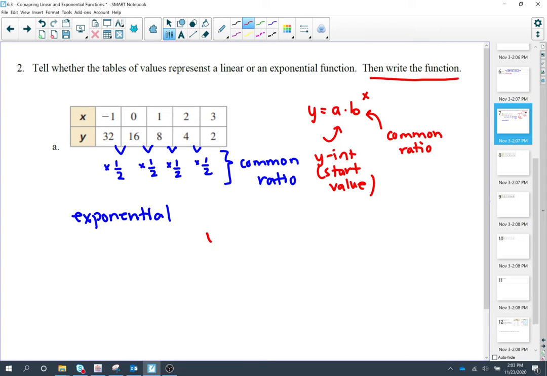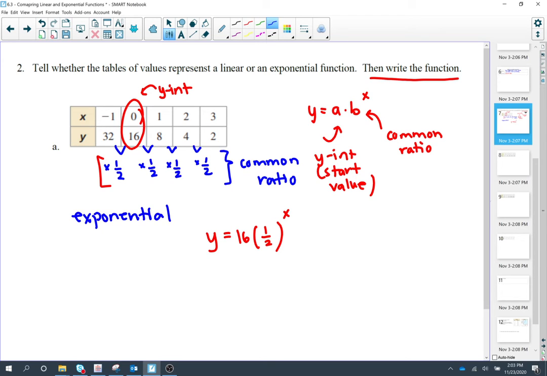So we're going to have y equals, a is your y-intercept. If you're looking for a y-intercept, that is when your x value is 0. So I go to my table, and right there is my y-intercept because my x is 0. So I'm going to have 16 times my common ratio, which we just found is 1/2, to the power of x.